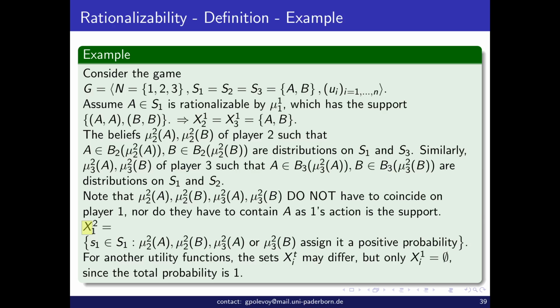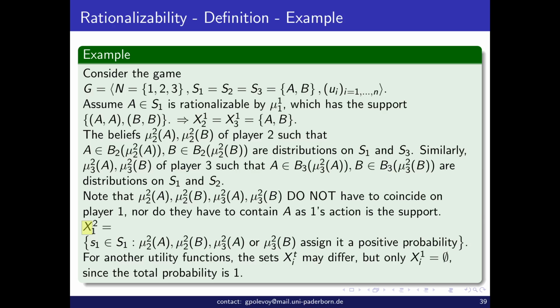But since I do need to look at other players and there is some probability to distribute, then I need to have some strategy profiles on the other players, some strategy profiles which have positive probability.